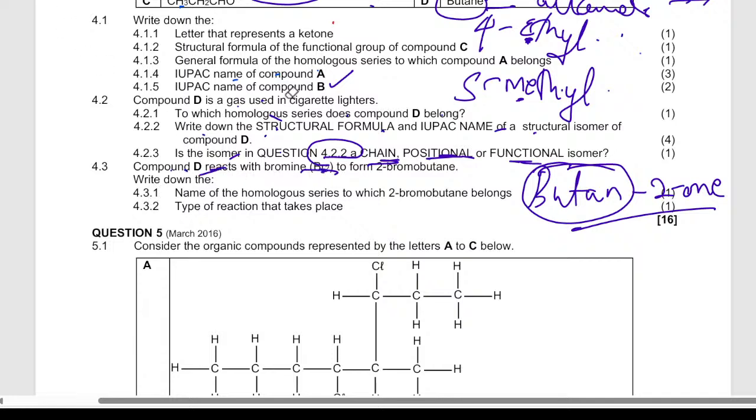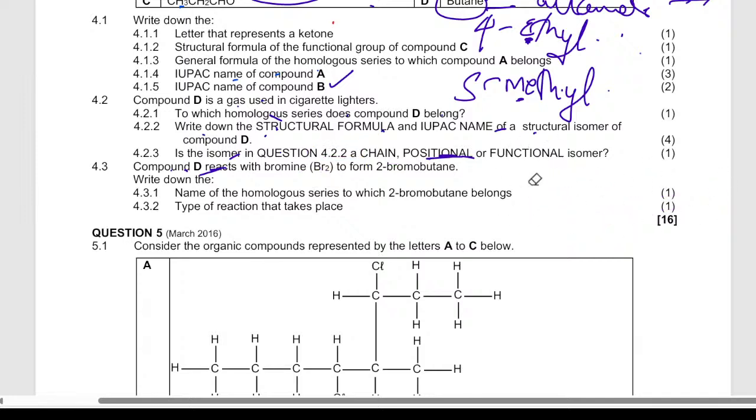Whenever you talk about a compound which reacts with bromine, it's a compound which has a double or a triple bond. Remember, these are unsaturated compounds: compounds which have a double or triple bond between carbon atoms. You can't just say it has a double or triple bond.